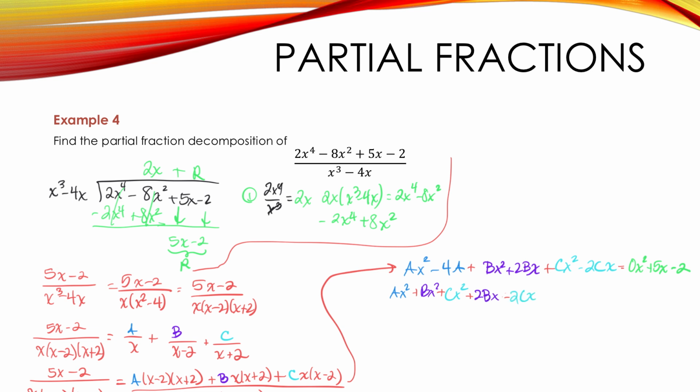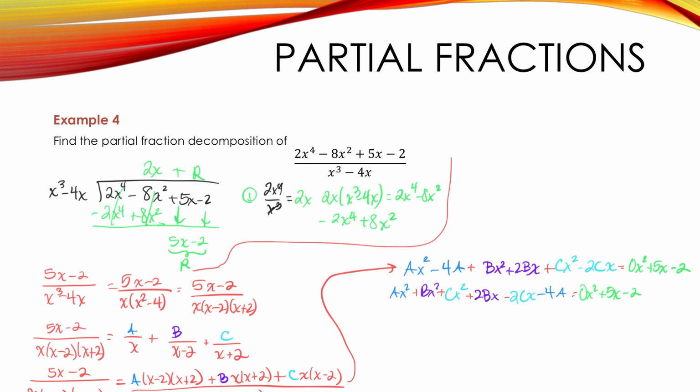And now let's collect all of our constants. So we have minus 4a, and that's it. There are no other constants. This bodes well for solving in just a moment. So it's equal to 0x squareds plus 5x's and minus 2.